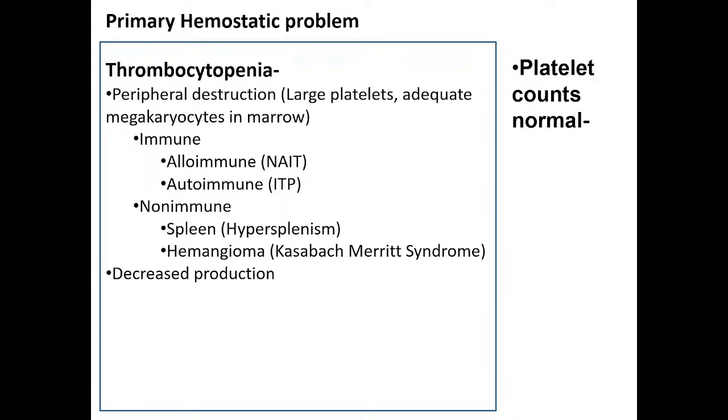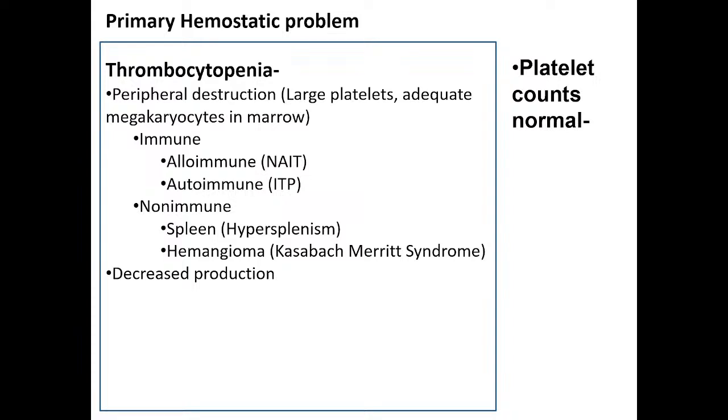In immune, alloimmune or autoimmune. Alloimmune means the antigen is from somebody else, that antigen entered our body, and then our body made some antibody against that antigen. So, it is allo antibody. And autoimmune means antibody is made by our own body against our own antigen and cross reacting with the platelet.